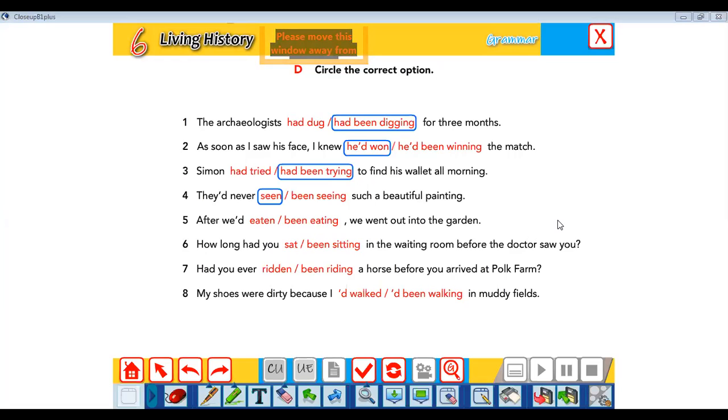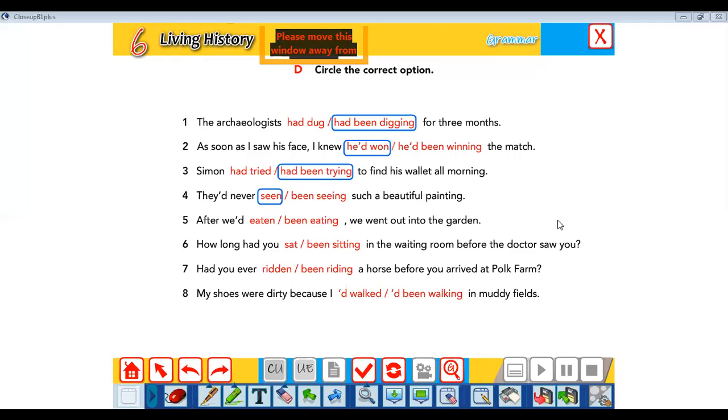Number 5. After weed. Yes, Shihab. Had been eating. Why, Shihab?